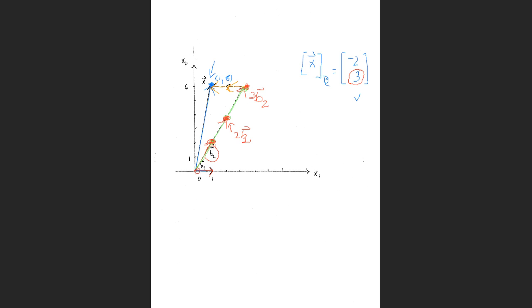Well, B1 is this vector here, but it looks like I'm taking the B1 vector and writing it in the opposite direction. What would that vector be?